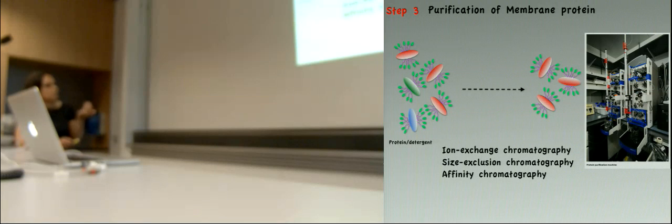You can choose what kind of purification method to use: ion exchange chromatography, size exclusion, or affinity chromatography. For example, if you use a cellular expression system, you can add some tags into your gene, and then you can use affinity chromatography for the purification.